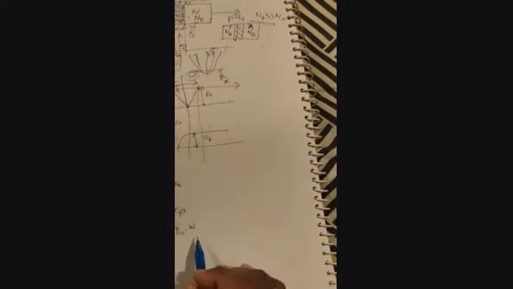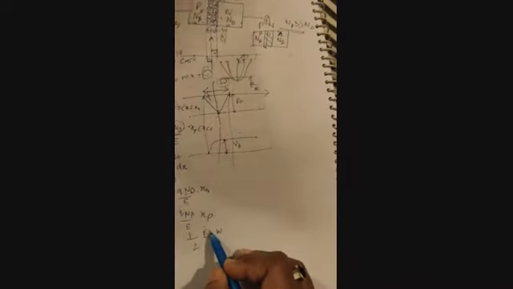Half E naught into W, and from that I have to put the value of E naught.